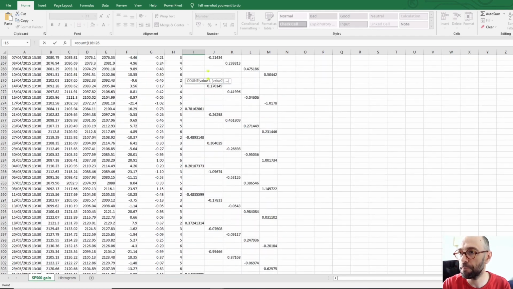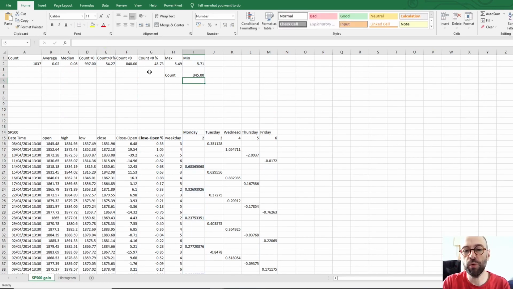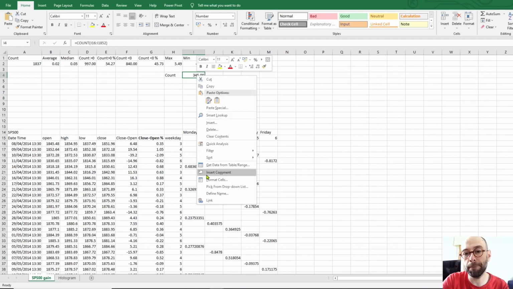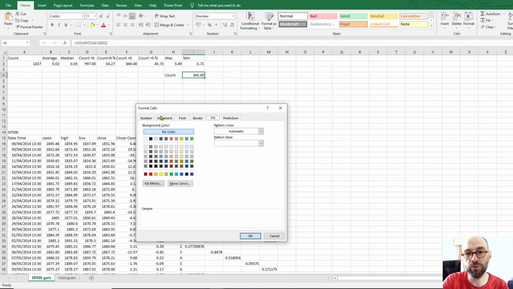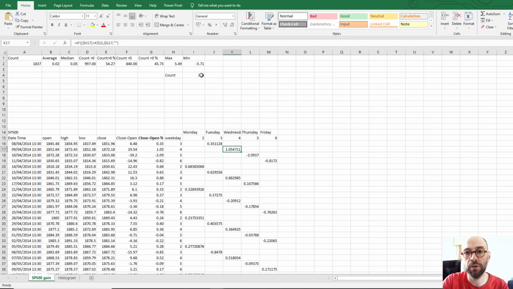So our last row stands at 1,852. So we have 345 days that fell on a Monday. Let's just remove those decimal units. We don't need them in this case. And let's do the same for the rest.